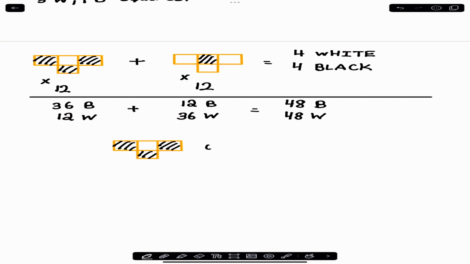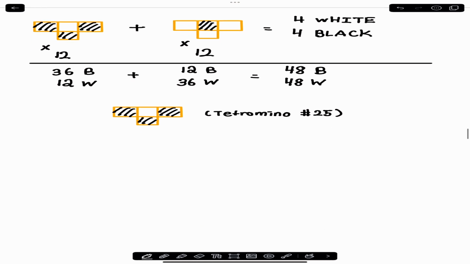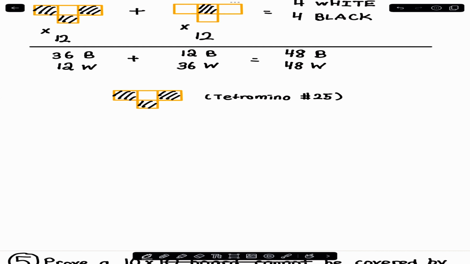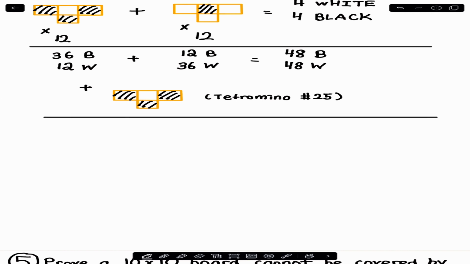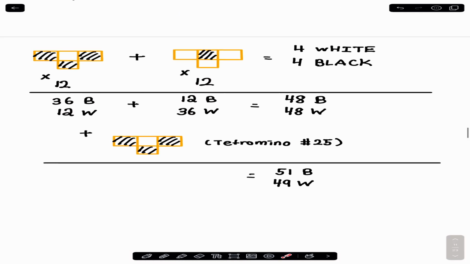So if we use this one, let's just make it clear. Tetramino number 25. Again, I'm writing the 2 differently. Wow. Okay, tetramino number 25. If we go through a running total, so we're going to this time add this bad boy. Now, guess what? Now we have used up 51 black squares and 49 white squares.